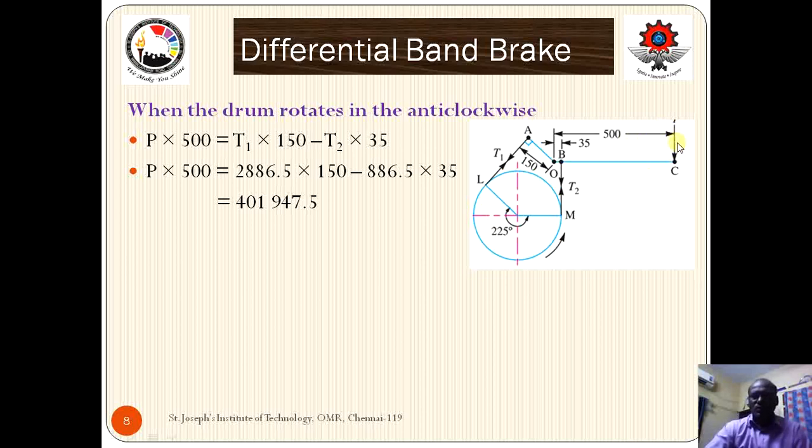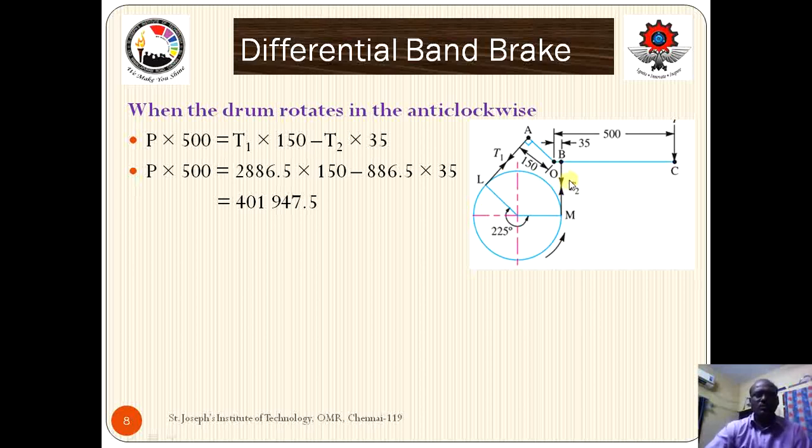P is acting clockwise, T1 is rotating anti-clockwise, and T2 is opposite to T1. So these T1 and T2 cannot be on the same side with rotation.